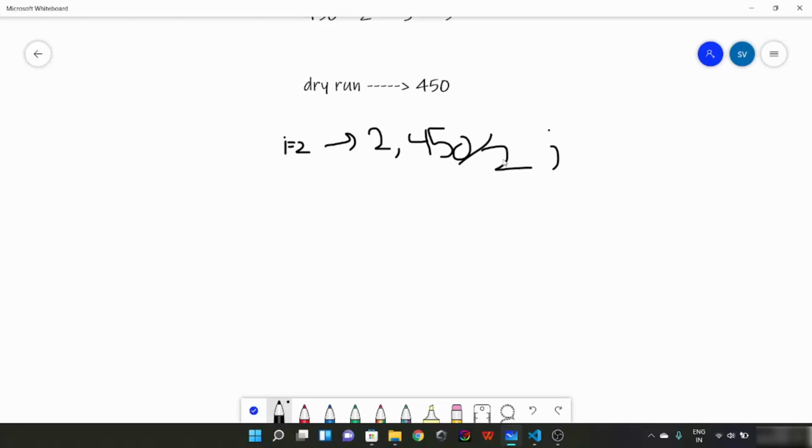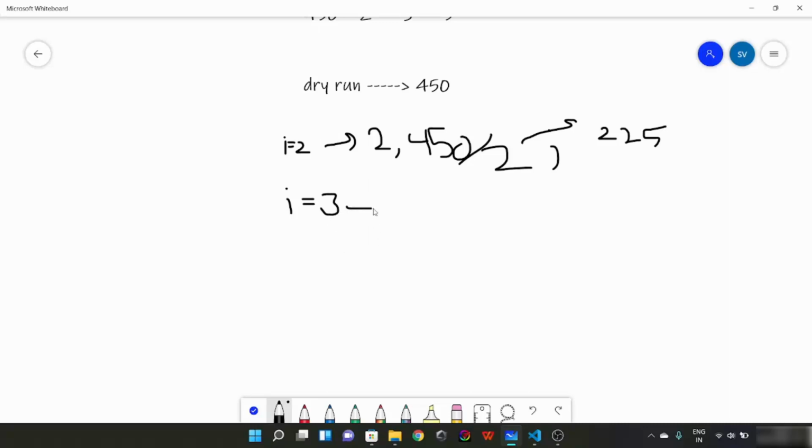Now n is going to be 450 by 2, which is 225. Alright. And we can see that 225 will not divide by 2. Now what we are going to do is we'll put i as 3. Alright.